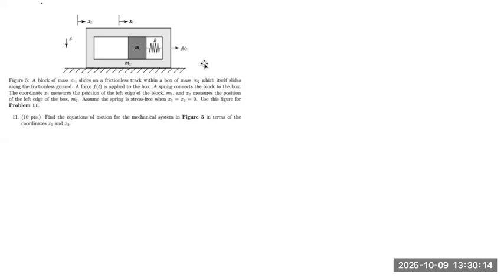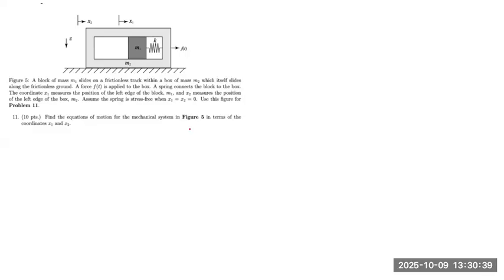So find the equations of motion for the mechanical system in figure 5 in terms of the coordinates x1 and x2. So what is happening over here? The block slides on a frictionless track within the box of mass m2, which itself slides along the frictionless ground, and a force is applied to the box. A spring connects the block to the box.